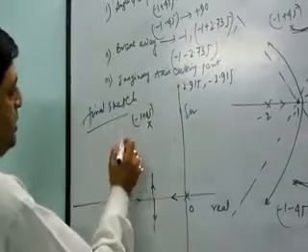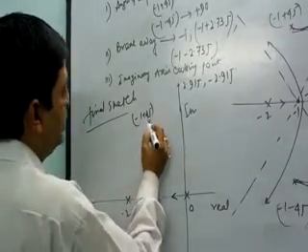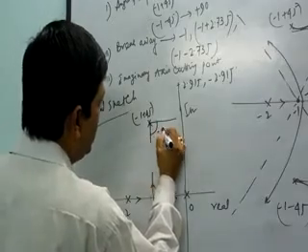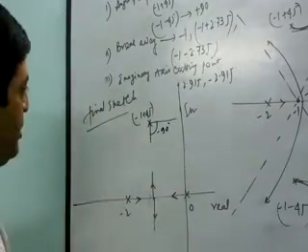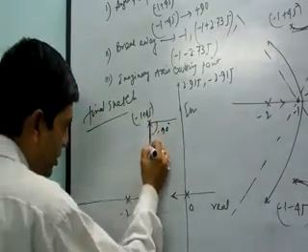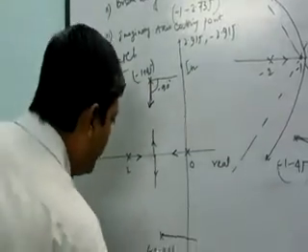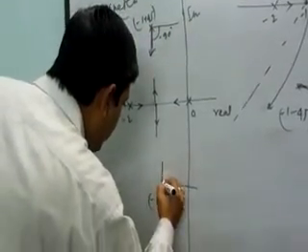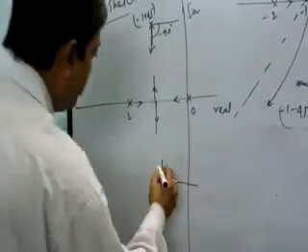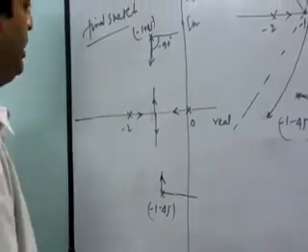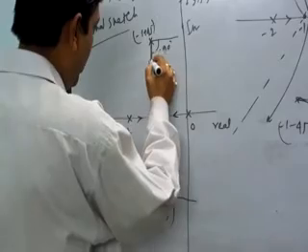Now the angle of departure from pole minus 1 plus 4j is equal to minus 90. It is clear from this angle of departure that the root locus will go in this direction, and from the property of symmetry, from the reference point minus 1 minus 4j, the root locus will go in this direction. So another breakaway point will take place at this point.